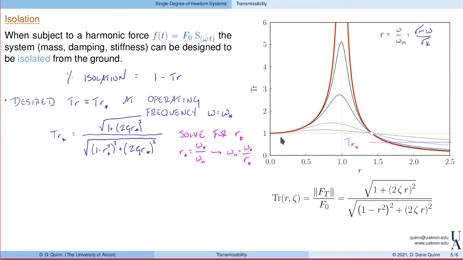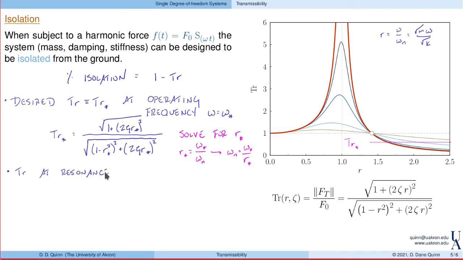So looking at the change in the transmissibility as omega varies is equivalent to looking at the transmissibility as the frequency ratio r changes. Again, in this case, we're interested in the maximum transmissibility as this operating speed varies. What we actually evaluate is the transmissibility at resonance.